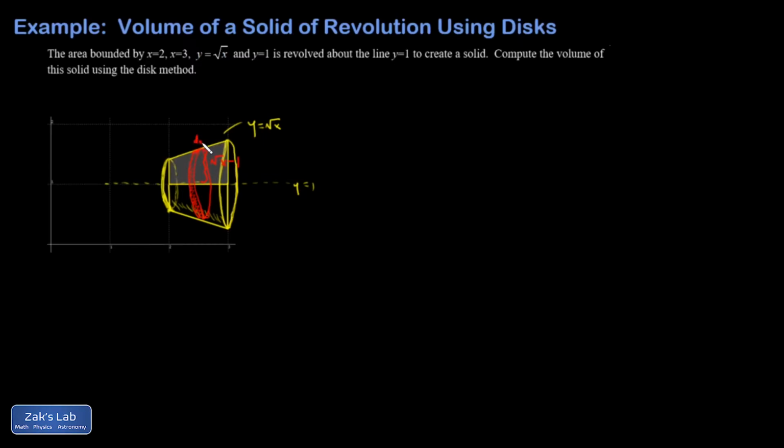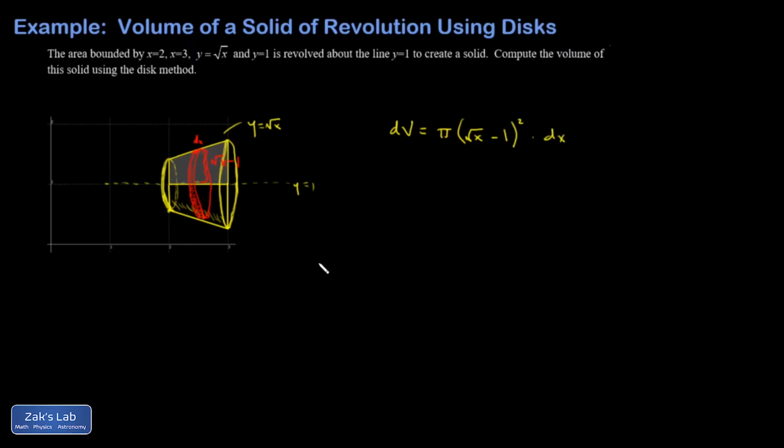Okay, now I can find the volume of one of these disks, and that differential contribution to volume I normally call dV. And that's going to be the area of the face of the disk, which is going to be pi times root x minus 1 all squared, multiplied by the thickness of the disk, which is dx.